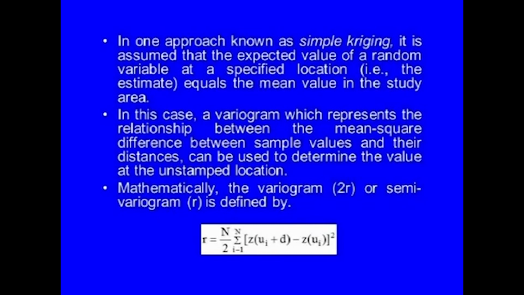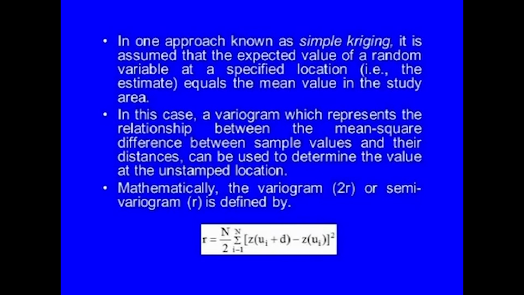In this case, a variogram, which represents the relationship between the mean square difference between sample values and their distances, can be used to determine the value at the unsampled location.